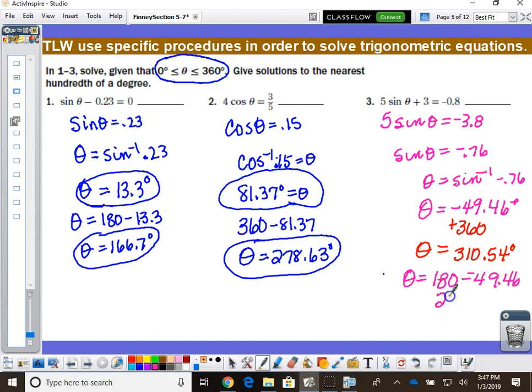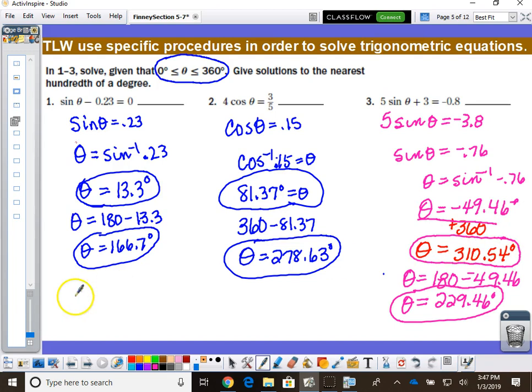So we're really going to get 229.46. And those are our two answers. We want them to be between 0 and 360. See, I almost circled the wrong one there.